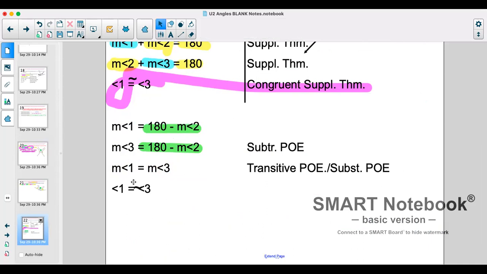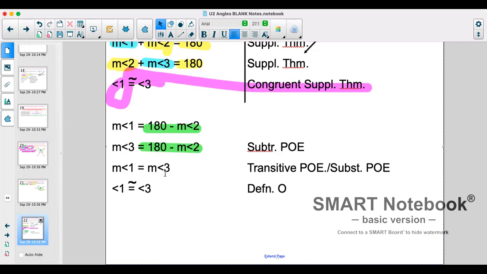And don't forget your congruency sign. The way that I convert it back to a congruency statement is the definition of congruency. If your teacher's very particular, they may require you to say the definition of congruent angles since you're dealing with congruent angles. For my students, I usually just say the definition of congruency is just fine because it means the same thing.